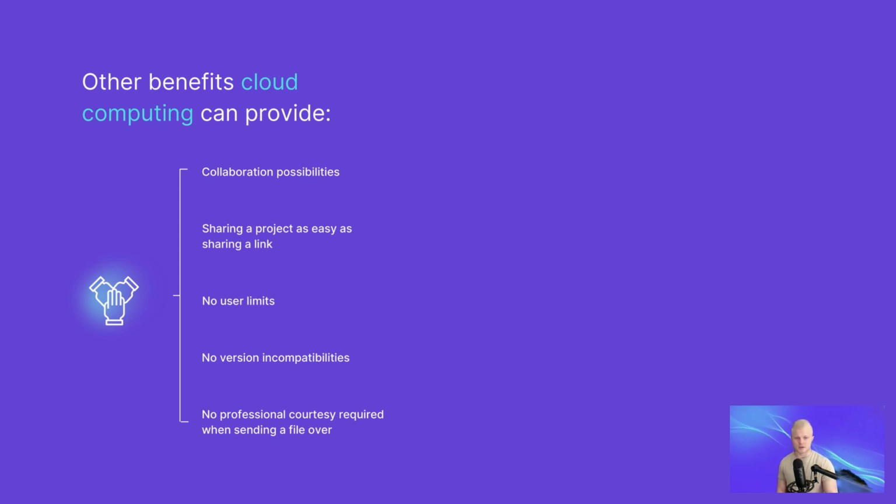Anyone who has used a cloud-based tool knows that the collaboration possibilities are at best as easy as sharing a link, and that is the case with these simulation files too. When an organization gets access to the tool, there are no user limits, so everyone in the organization can use the software even at the same time. Sharing a project is literally as easy as sharing a link.